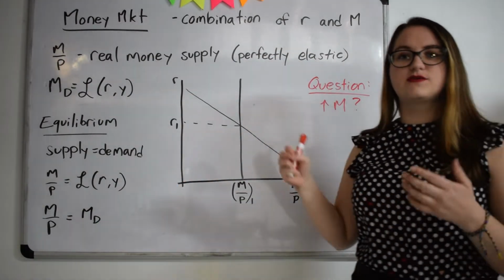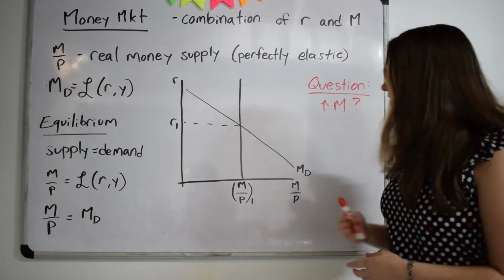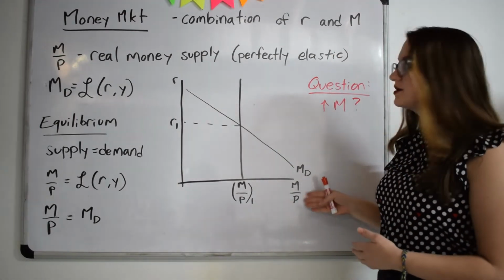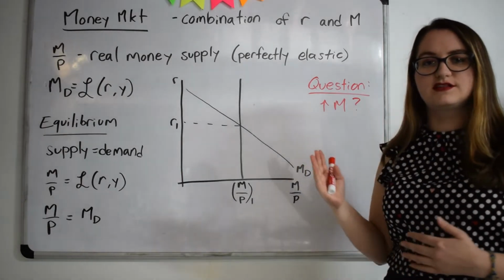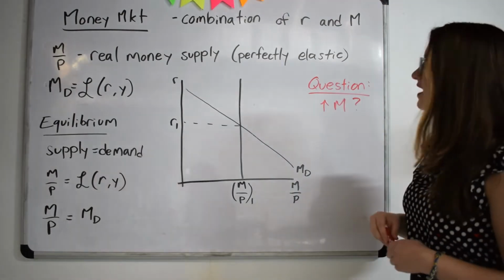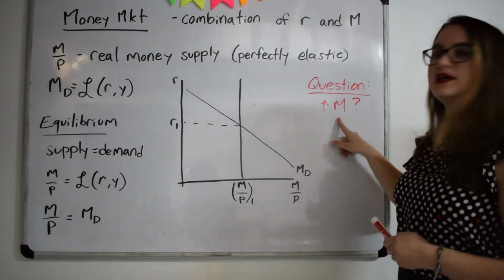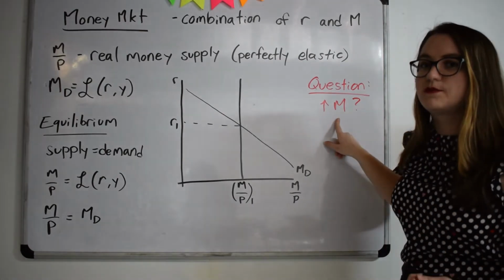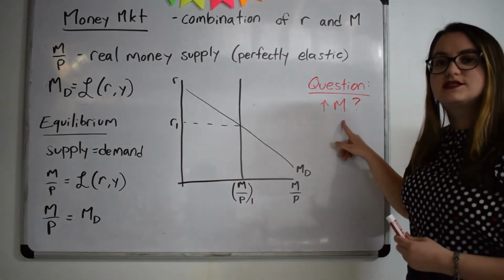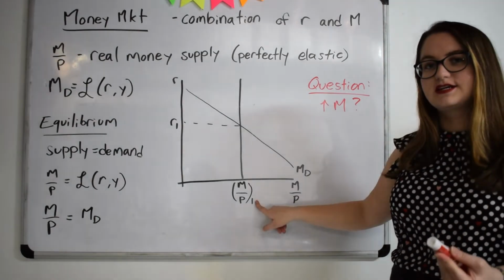Now, this graph is pretty simple to understand as long as you understand how fractions work and which way to shift the graph. Our first question is what happens if there's an exogenous shock in the nominal money supply, so just M. This does not have P under it, so it is the nominal money supply, looking only at the actual supply without regard to prices, whereas M over P is the real money supply because we're taking prices into consideration.